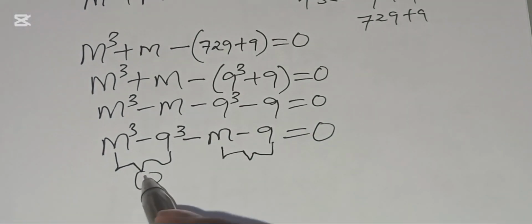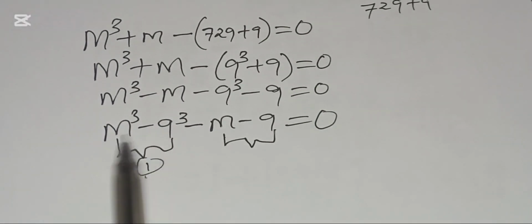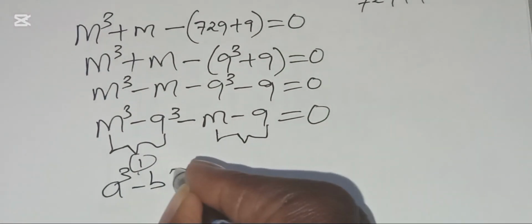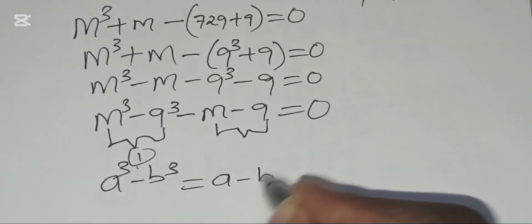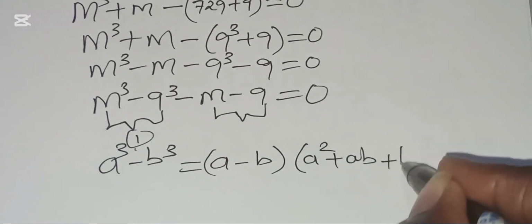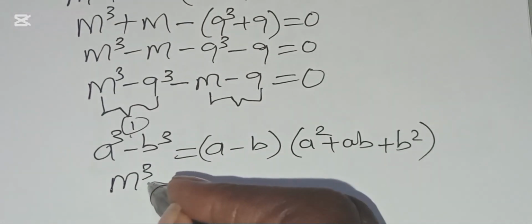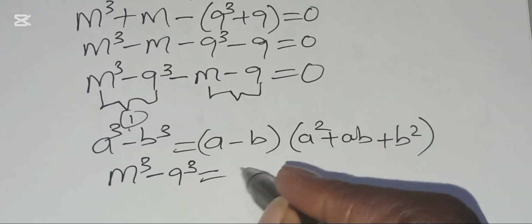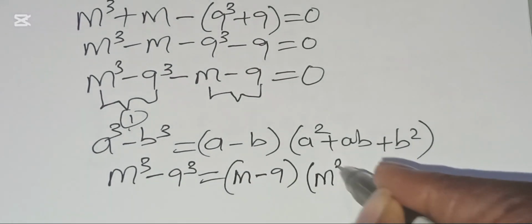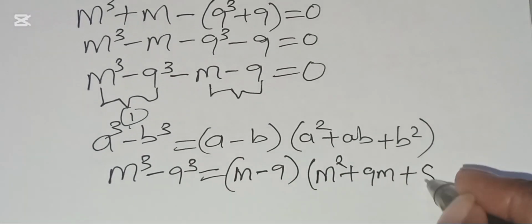The first part, m cubed minus 9 cubed, is the difference of two cubes, expressed as a cubed subtract b cubed, which is a subtract b, a squared plus ab plus b squared. So m cubed subtract 9 cubed can be expressed as m subtract 9, then m squared plus 9m plus 9 squared, which is 81.